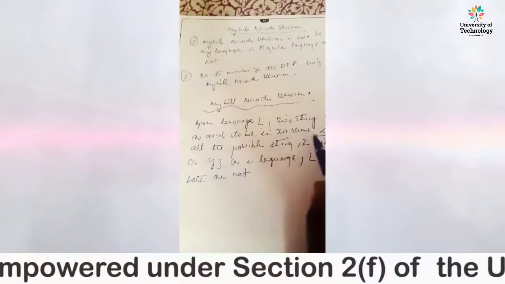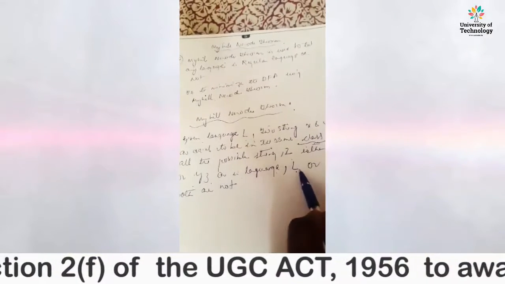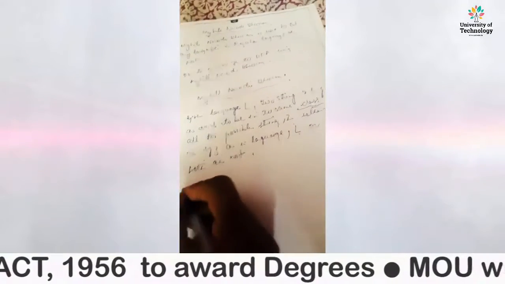Either they both are present or both of them are not present. So this is what the Myhill Nerode theorem says.